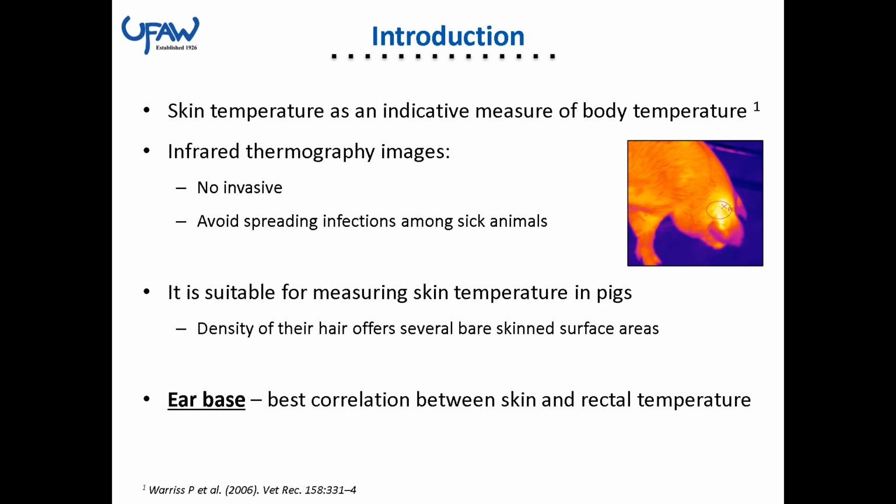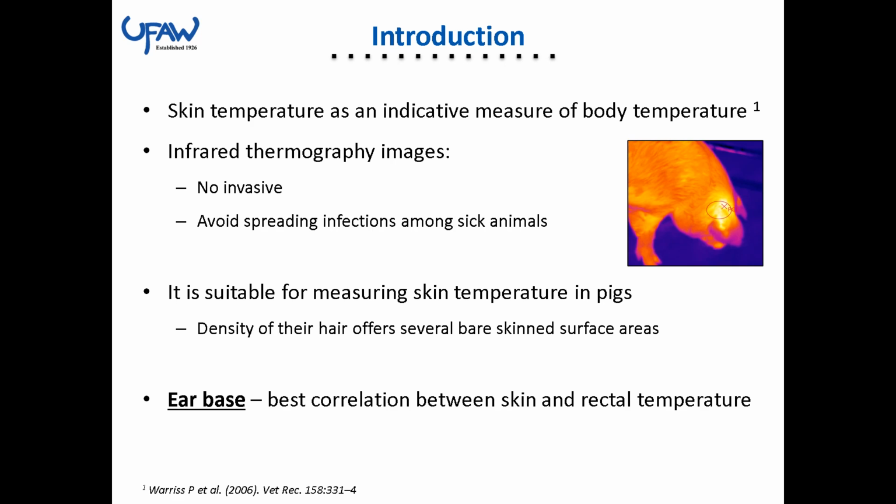Previous studies have attempted to measure the skin temperature of pigs as an indicative measure of their body temperature, especially using the ear base as a reference, as it has high correlation with pigs' rectal temperature. Infrared thermographic cameras provide accurate temperature measurements with good thermal resolution, being very convenient in veterinary medicine.